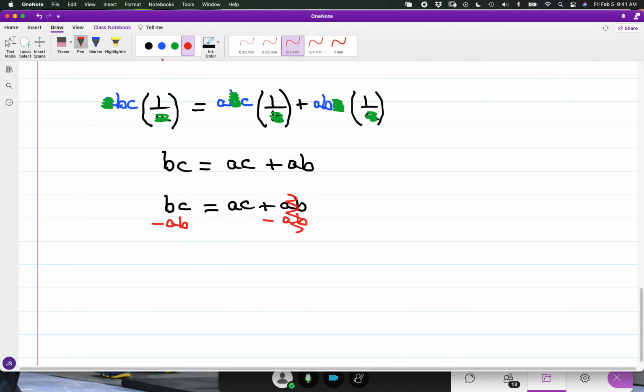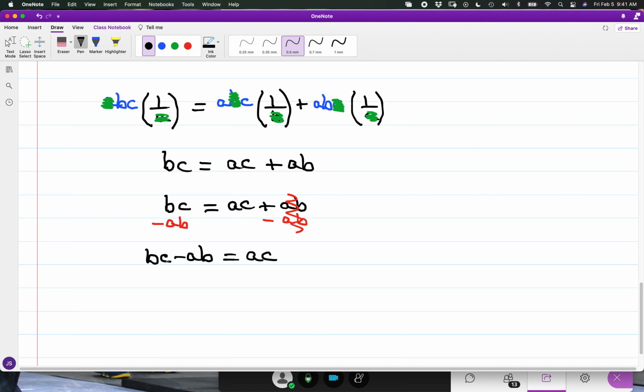And for what we have here, BC minus AB is equal to AC. So I now have a couple of B terms that I need to consolidate as a single B expression.